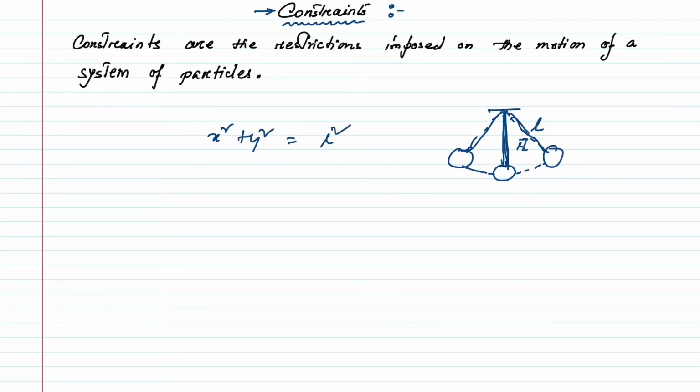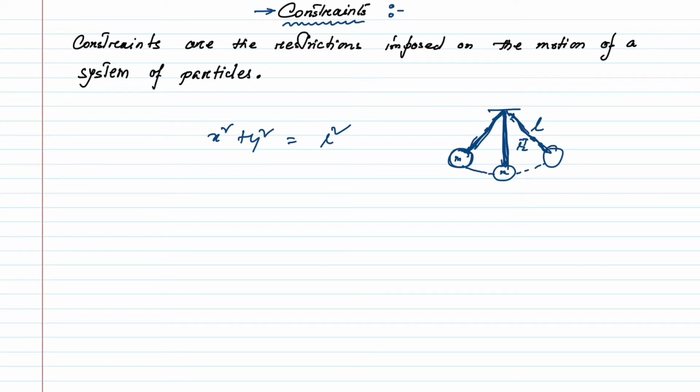Here you see, as it is not dependent on time, at each and every instant this L is fixed. It is always constant, and it does not vary with time. Why is it a constant equation?